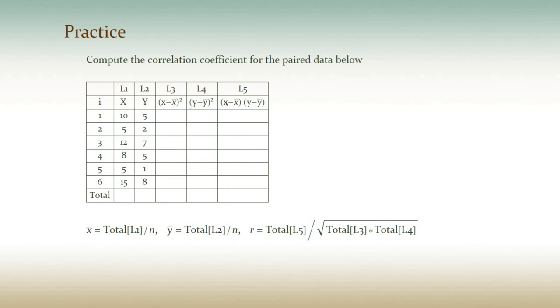And then list 5 is simply list 1 minus its mean times list 2 minus its mean. And then I'll need the three totals. The answer for the correlation coefficient is the total of list 5 divided by the square root of the product of the totals down here, as we did on this slide. So see what you can do with that.